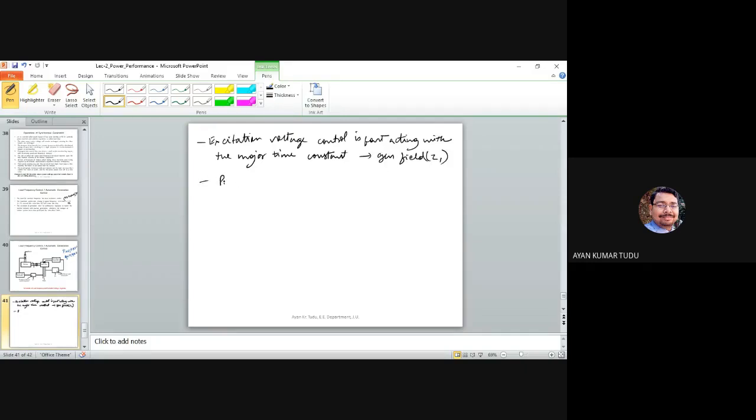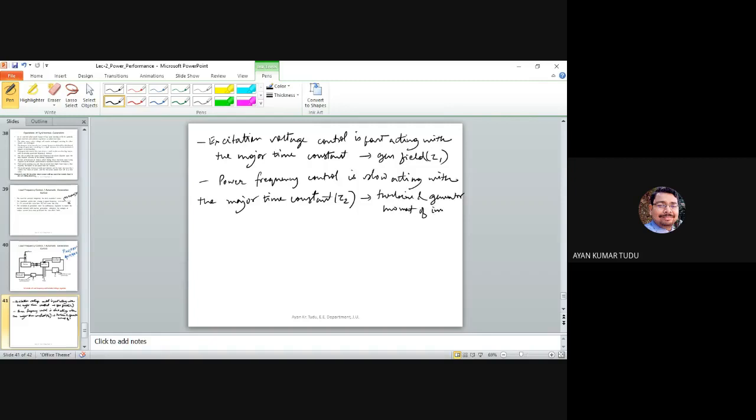Similarly, the power frequency control portion is slow acting, with the major time constant, that is our tau 2, being the turbine and generator moment of inertia.